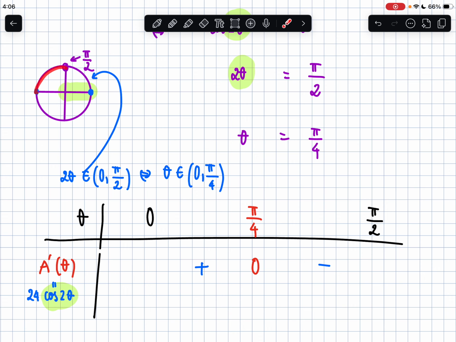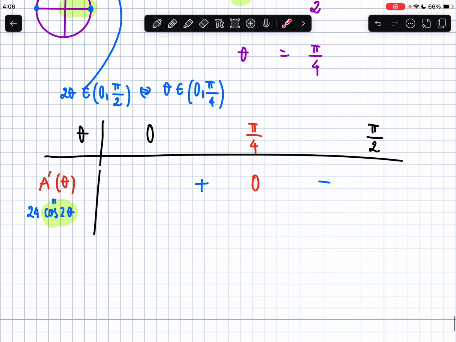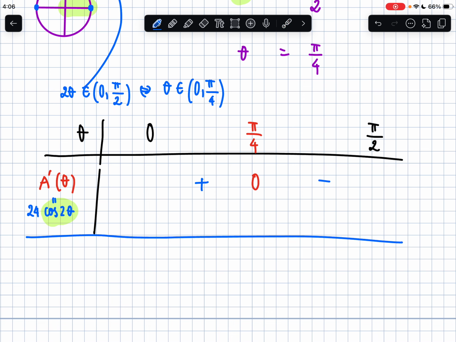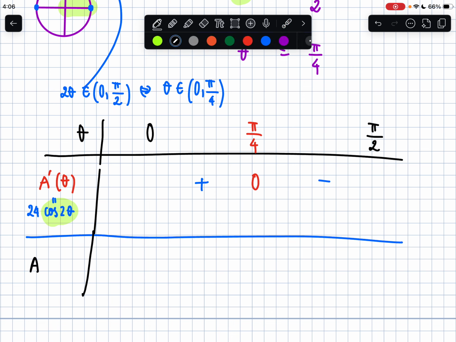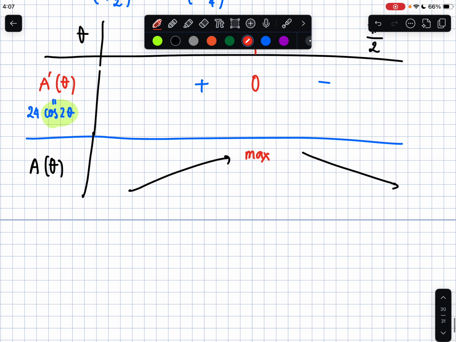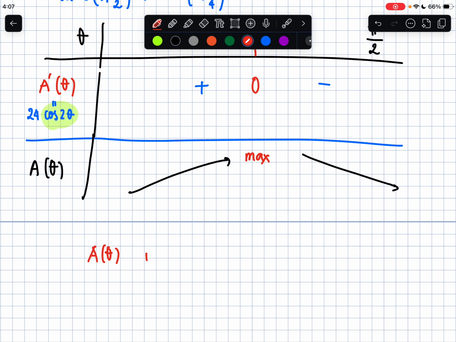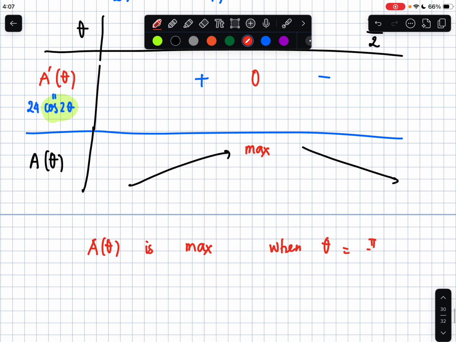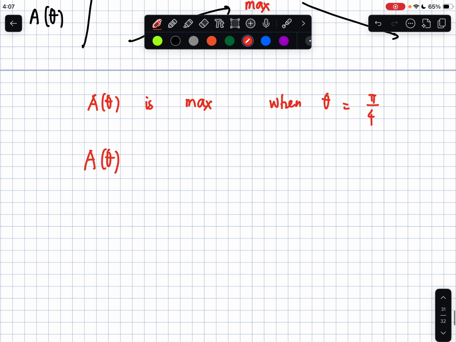If it runs from here to here, it's the negative side. Because of that, A of theta is increasing here, decreasing here. That's why the maximum happens right here. A of theta is max when theta is pi over 4.